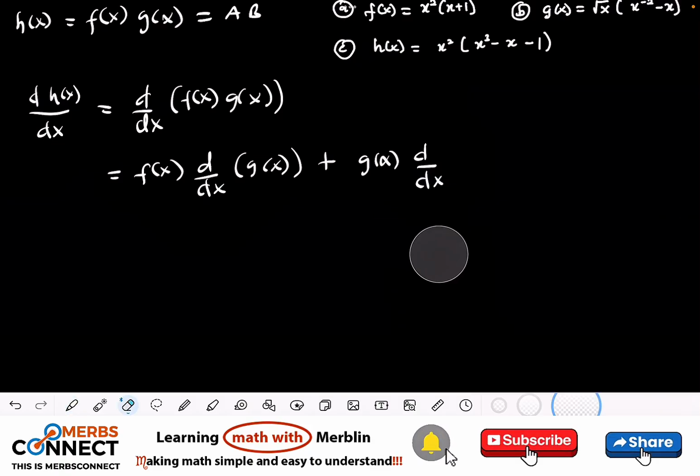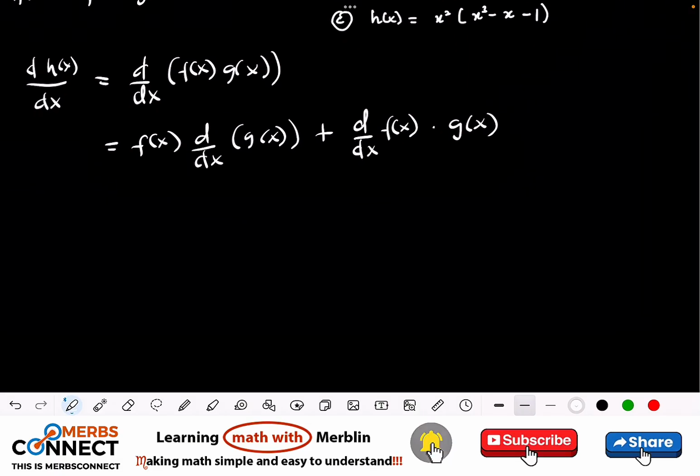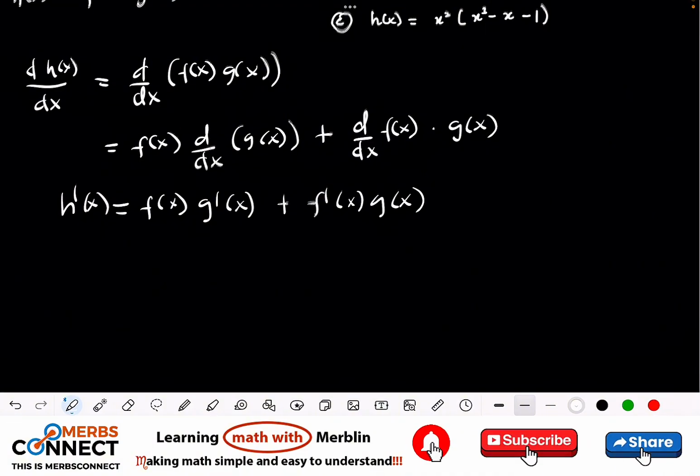Or let me write it this way. First I maintain the first function and then I differentiate the second function. The next step is I differentiate the first function and then maintain the second function. So when I do that, I'm going to have f of x, g prime of x, plus f prime of x, g of x. And this is the same as h prime of x. So that's the product rule.